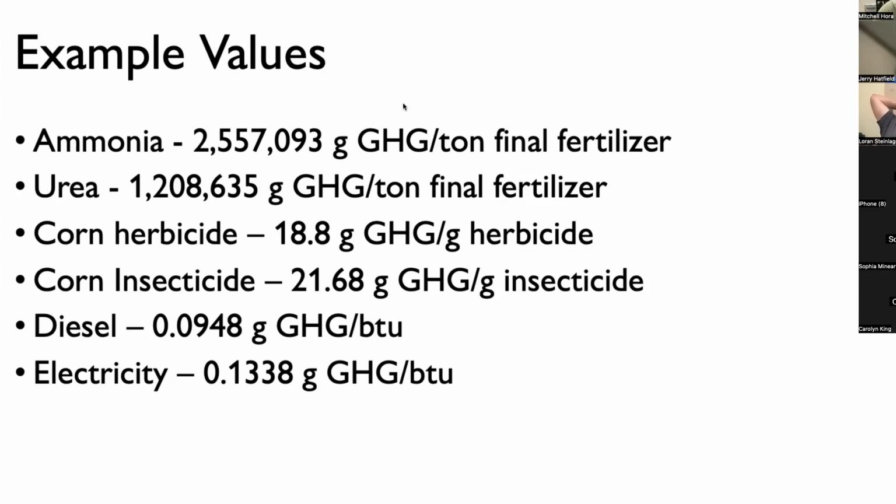So if you go back to that last figure and we talk about the energy coming in per product, they have a large, everything that we do as inputs has a large carbon footprint in terms of greenhouse gas equivalents. Energy, diesel and electricity is fairly efficient in terms of grams per BTU that's out there.